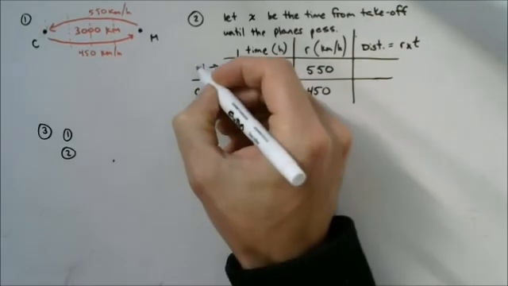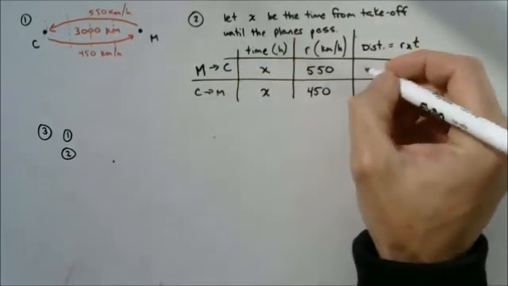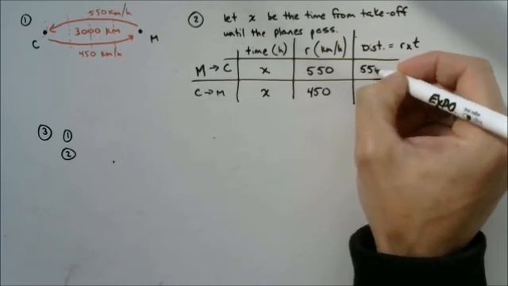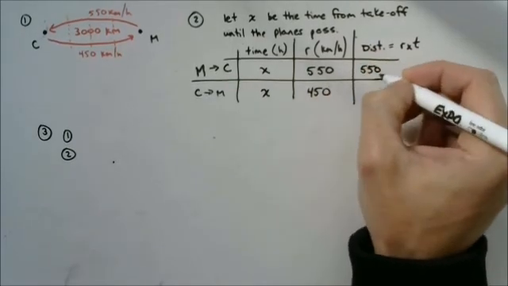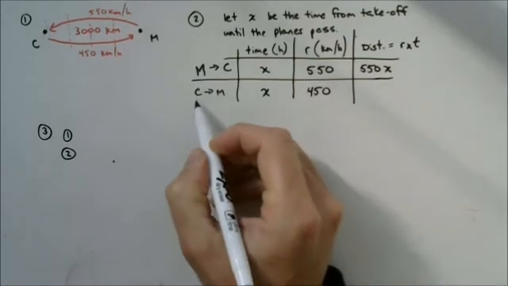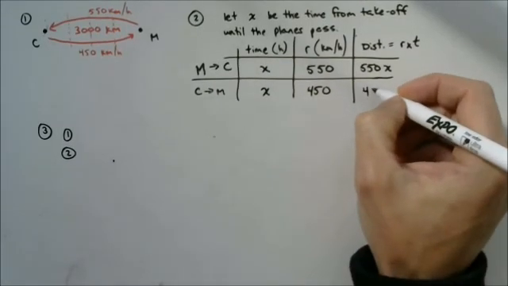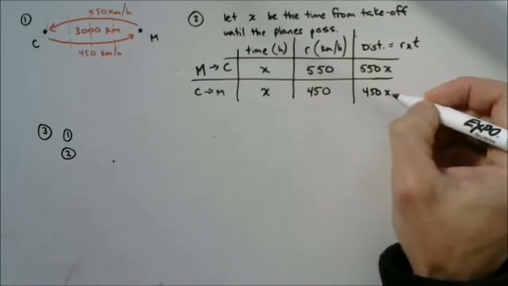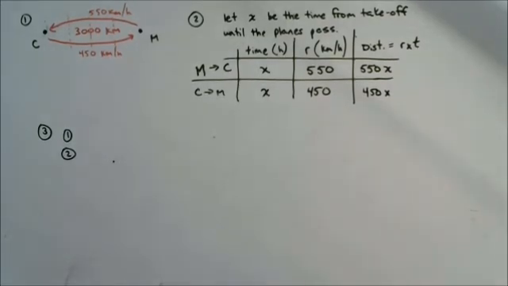So the distance that the plane from Montreal flies, we can be sure is going to be 550 kilometers per hour times x hours. And from Calgary to Montreal, that plane is going to travel this distance, 450x.